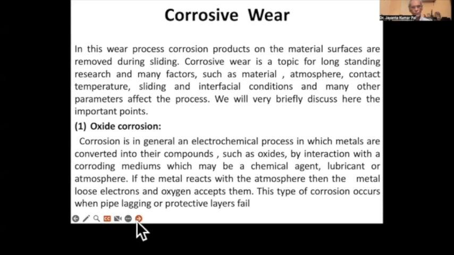So this type of corrosion occurs when, say, for example, in thermal power plants, usually the pipes are lagged or protected. When the protective coating is gone, then this type of problem occurs. In thermal power plants, this is a very big issue.